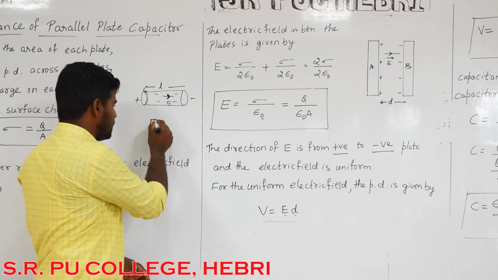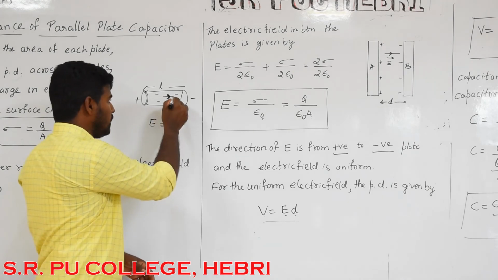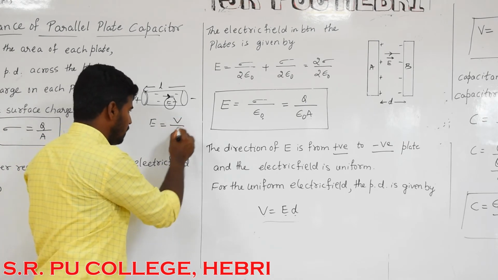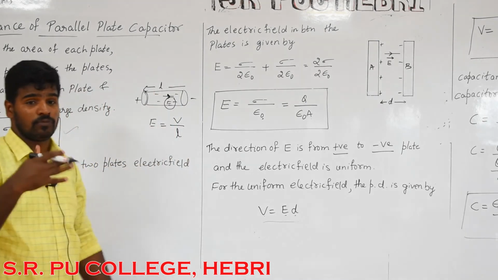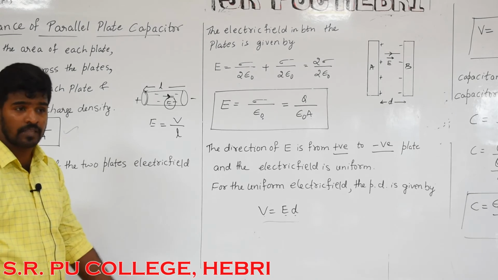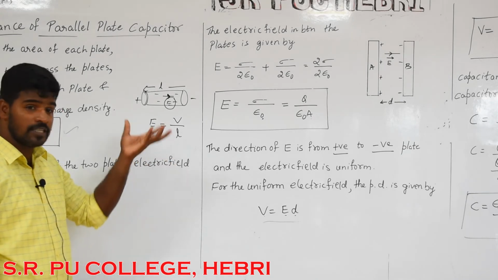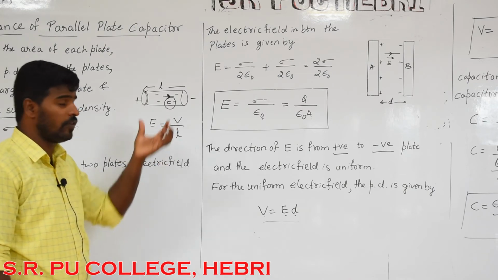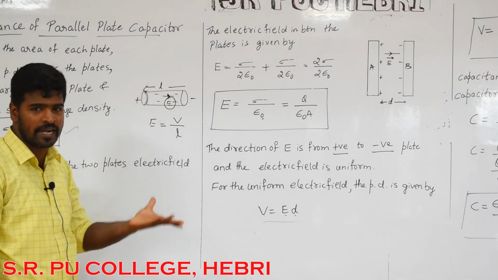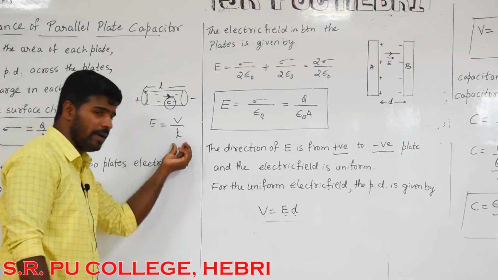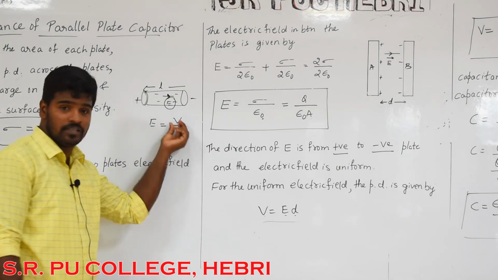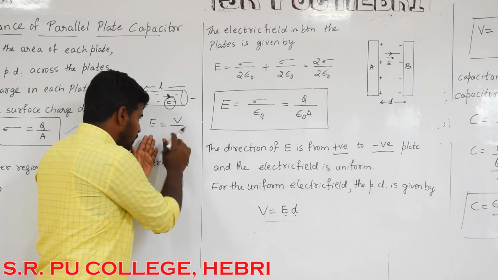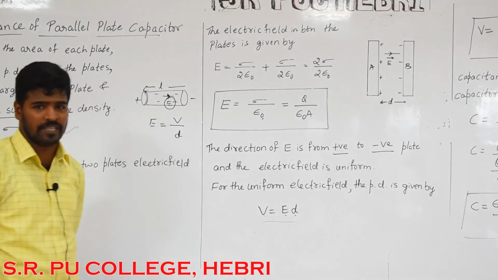That electric field is expressed by E is equal to V divided by L, where V is the potential given by a battery, used as an external supply. Therefore E is equal to V by L, where L is the length of the conductor. Here I replace L with the distance between the plates and represent it as D.